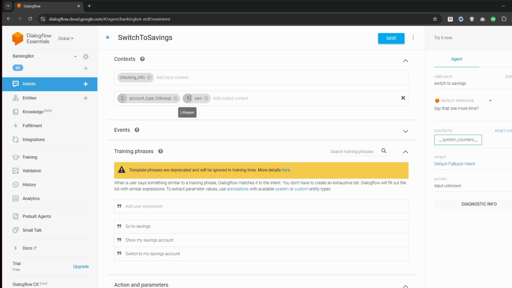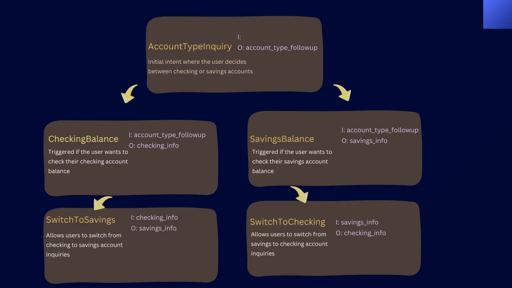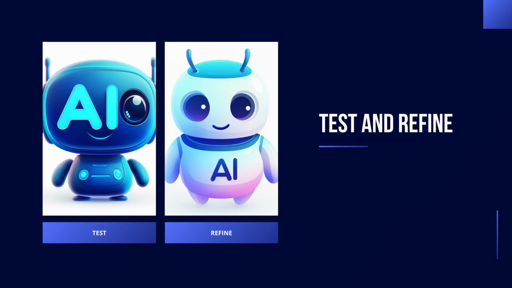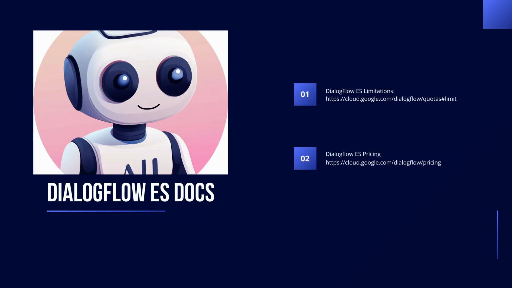In summary, each intent and its associated input and output context work together to create a smooth and logical conversation flow. By managing contexts and their lifespans effectively, we ensure that our banking bot can handle user requests intelligently and efficiently.